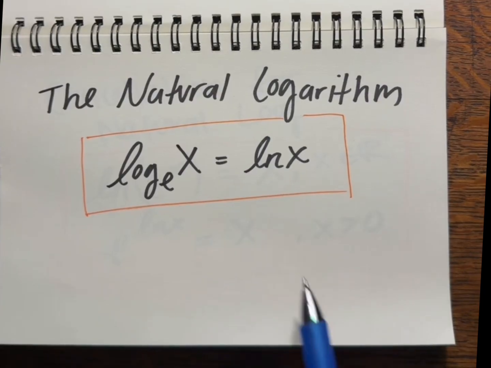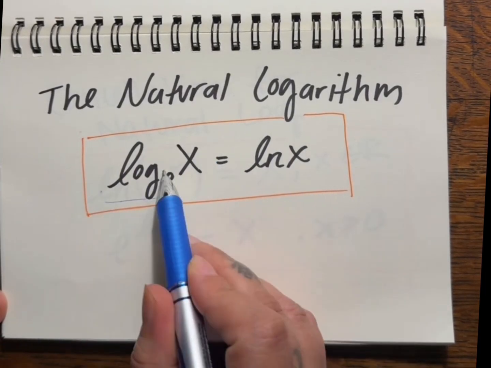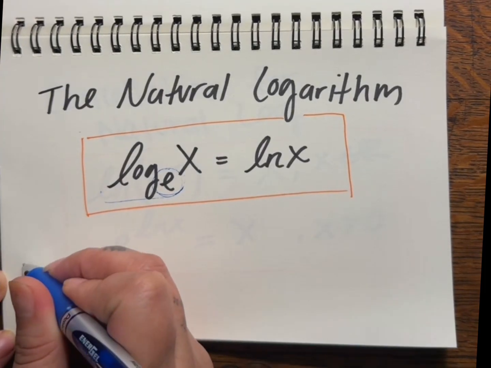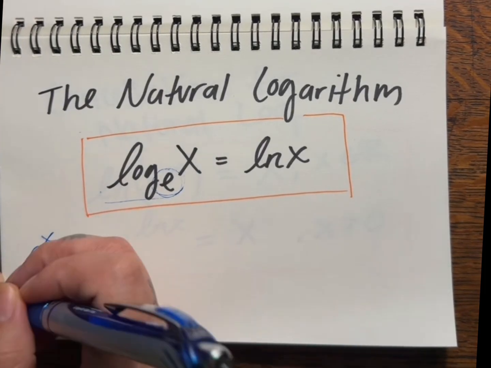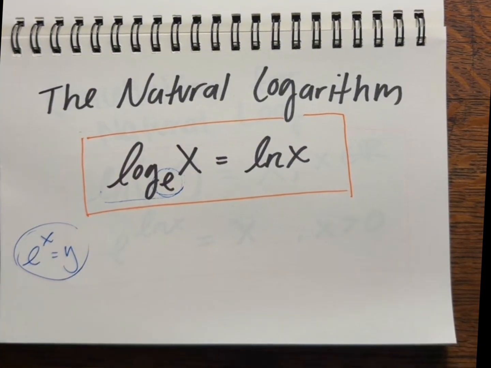And the natural log is just a special logarithm with base e. Something that I forgot to mention in the last video is that the exponential e to the power of x is one of the most used in calculus, so that's why they put so much importance on e in this section.